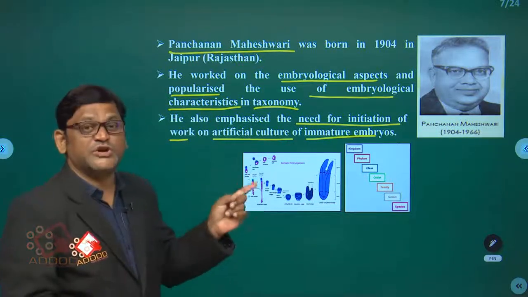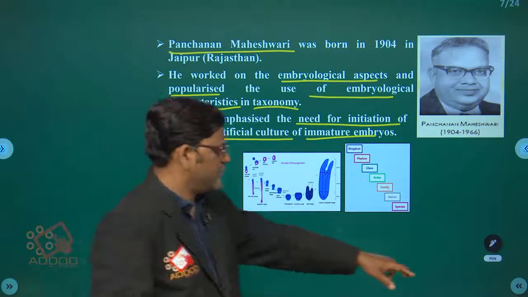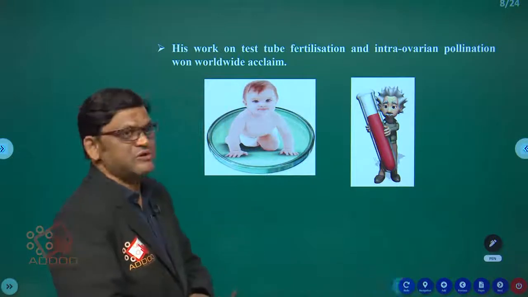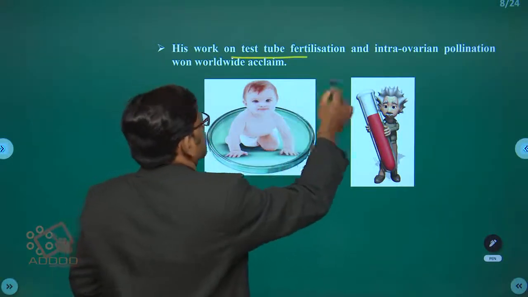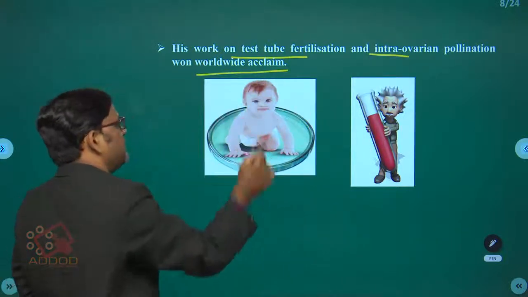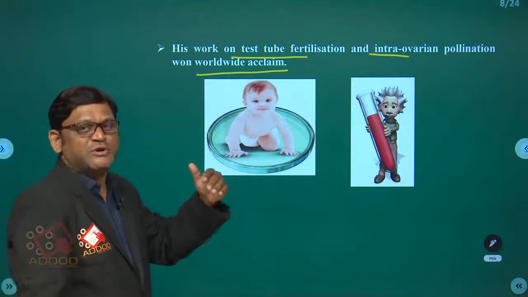He also brought intra-ovarian pollination, that is P. Maheshwari. And he brought about the phenomenon called somatic embryogenesis also. His work on test tube fertilization and intra-ovarian pollination is acclaimed worldwide. The test tube babies you are producing today are only because of his work.